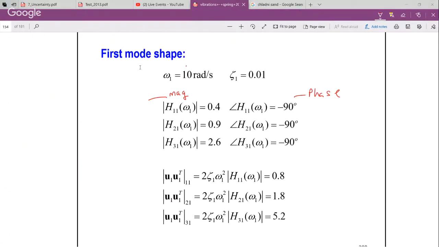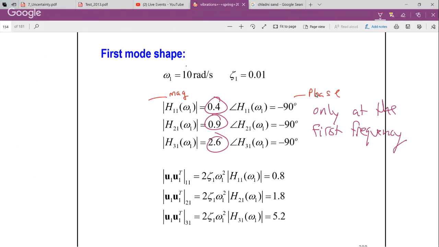Phase, all 3 phase blocks. If I give this question, students might say, let's say, I got minus 90 for all 3 of them.